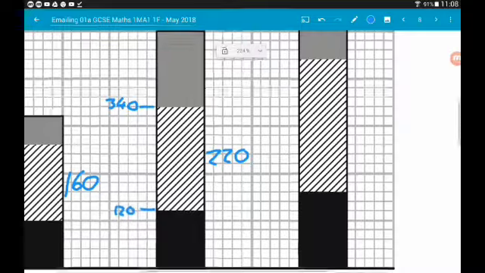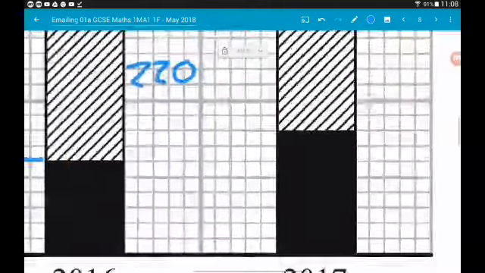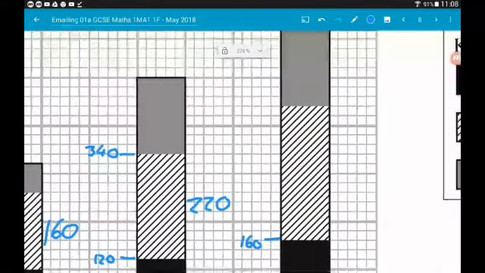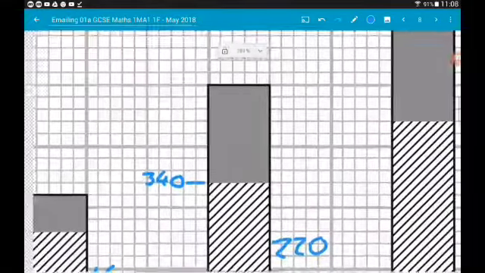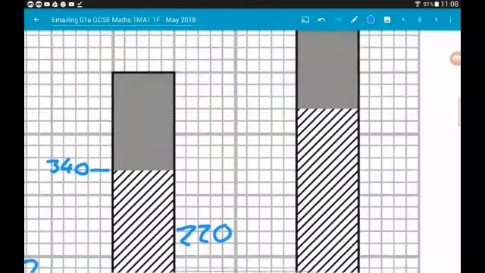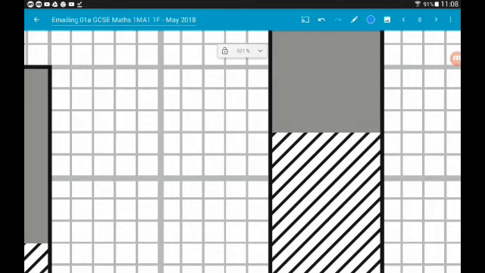And then in 2017, our bottom mark is going to be 160. And our top mark is going to be 440.